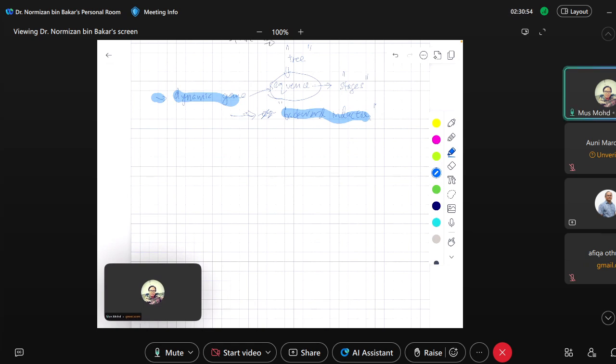By using game theory, the summary is that whoever moves first will get a better payoff compared to the follower.